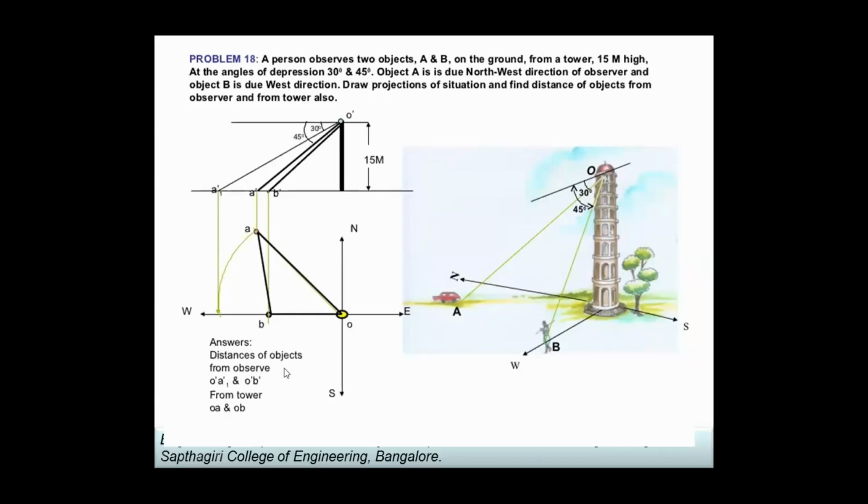So the distances of the object from the observer, O dash A1 dash and O dash B dash, can be found with this technique, from the tower OA, OB, whatever it is. This is just an application problem, and with this 15 meters and what is given, in the same way you can identify the height of the object with respect to the viewing angle.